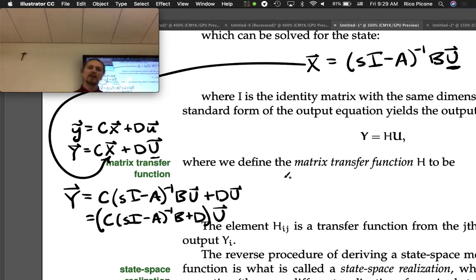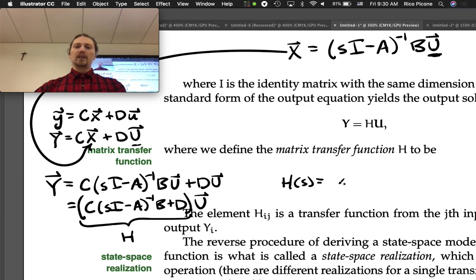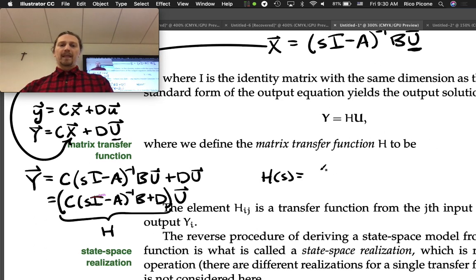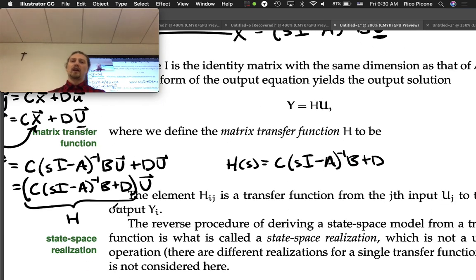So that is the solution, and we're going to call this H. H of S equals C times (SI minus A) inverse B plus D. Right, so this expression.